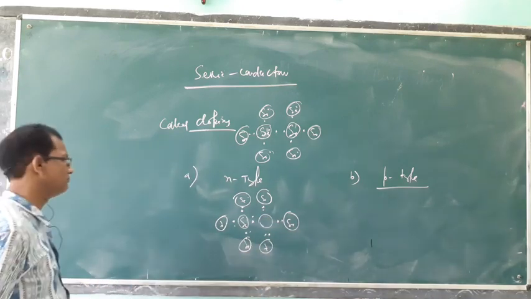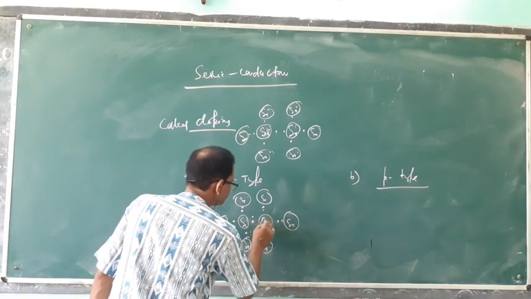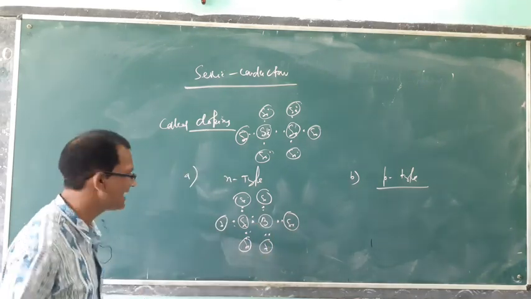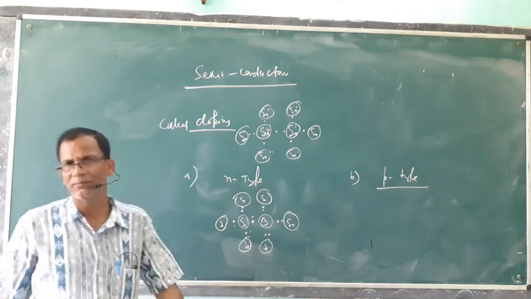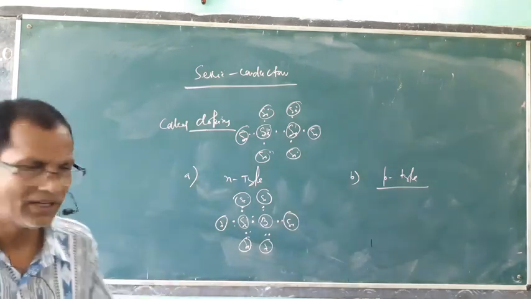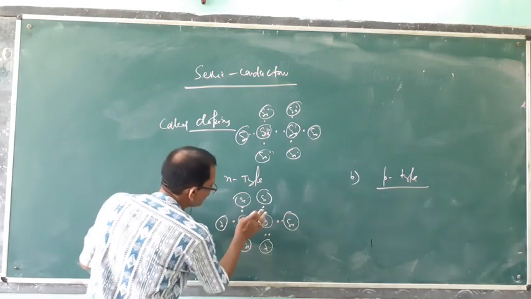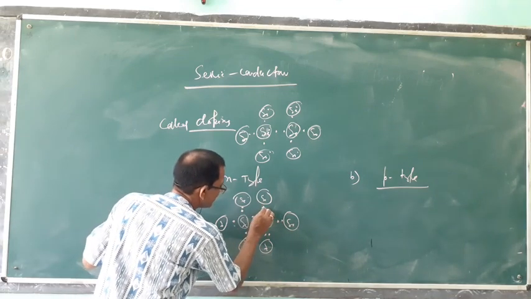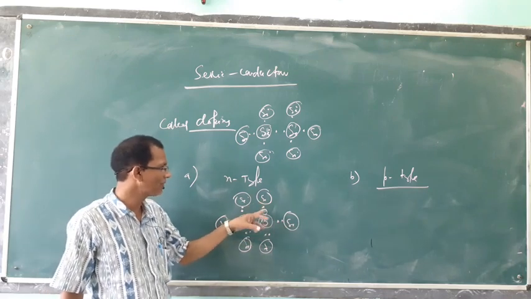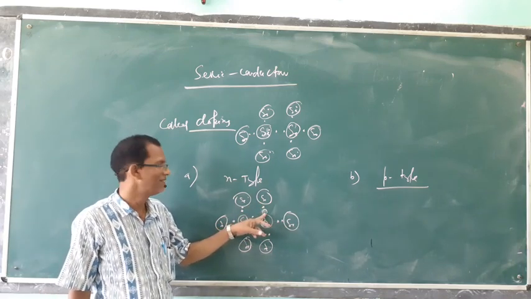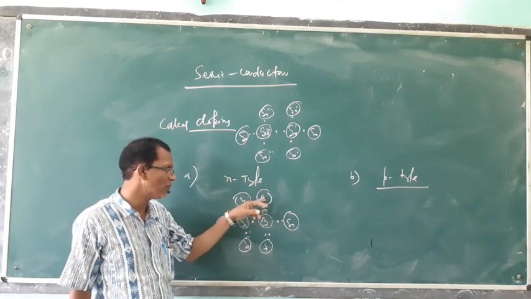Or gallium. Add boron atom or gallium. Boron has valency 3. So what happens? One electron will be short. One electron will be short for the boron for the formation of covalent bond to silicon.